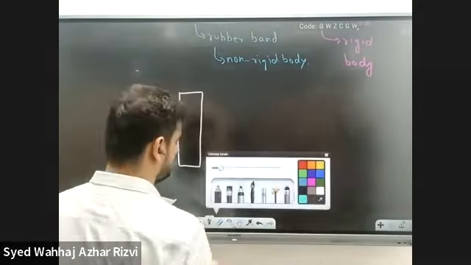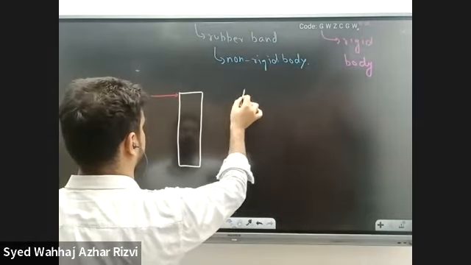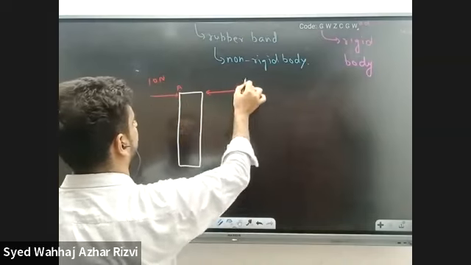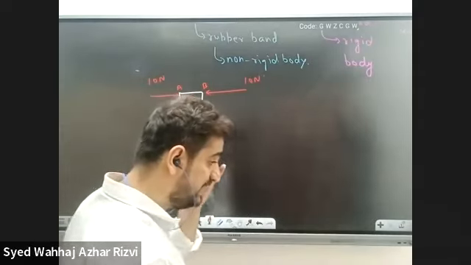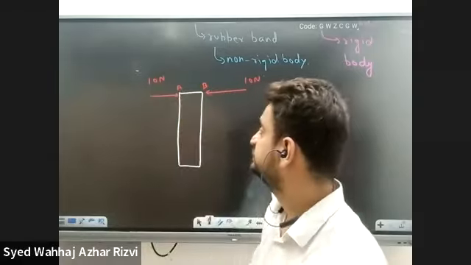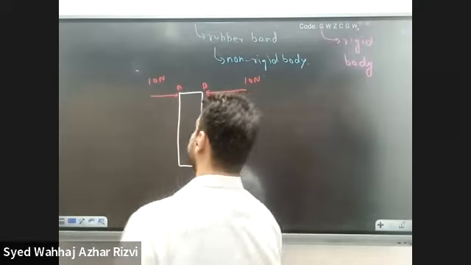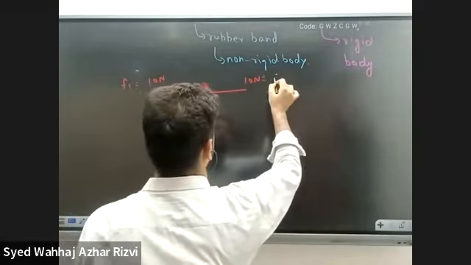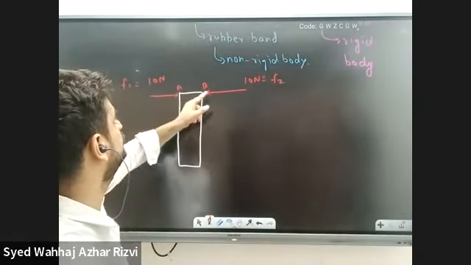Let's take a block of wood, and on this block we can apply a force over here and another force over here. We have a 10 newton force applied at point A, and a 10 newton force applied at point B. Both points experience forces of 10 newtons each, but these two forces are opposite to each other. Let's call them F1 and F2, applied at different points in the body.